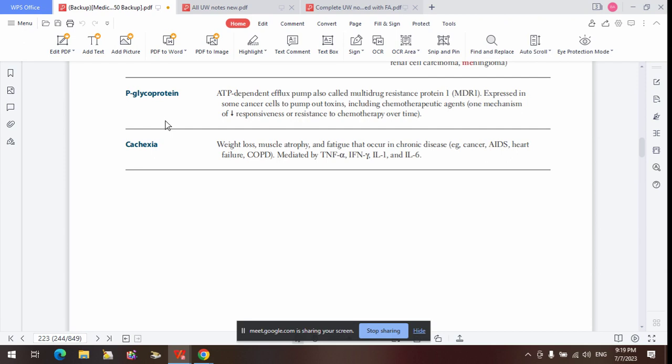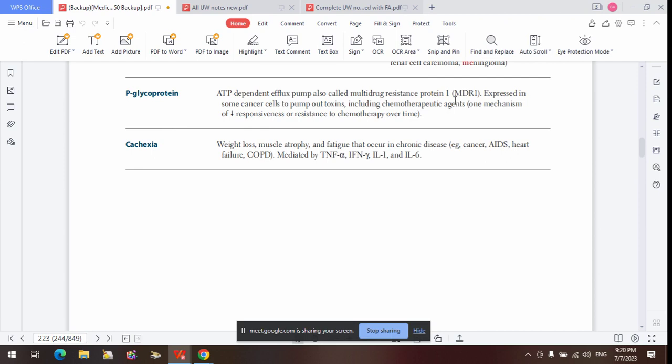Once those tumors have upregulated the amount of P glycoprotein, by the time you give chemotherapy, they already have it inside to pump out the drugs so they don't get to them. Another name for P glycoprotein is multidrug resistance protein 1, MDR1. They use ATP to do their action, so they require an ATP supply before they can pump the chemotherapy out.